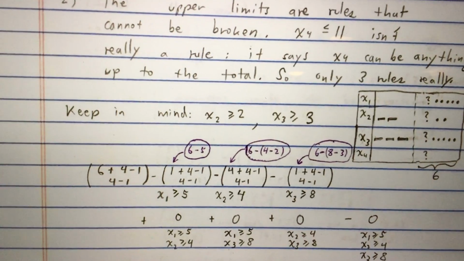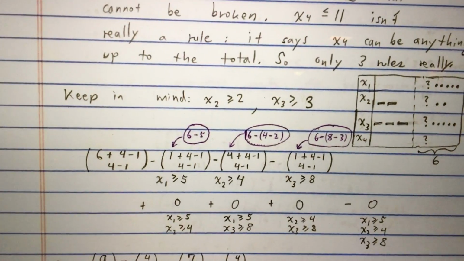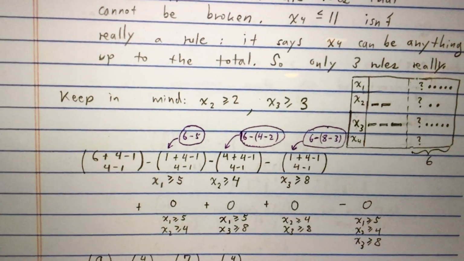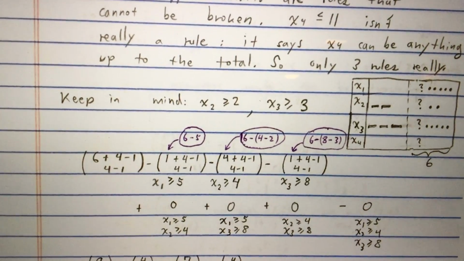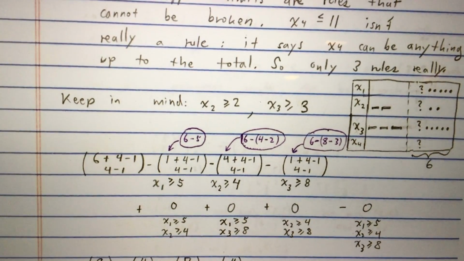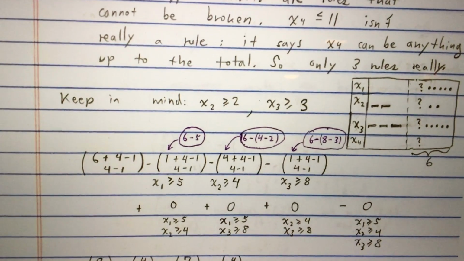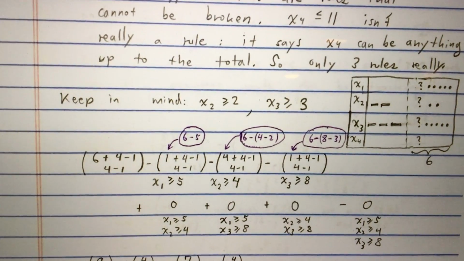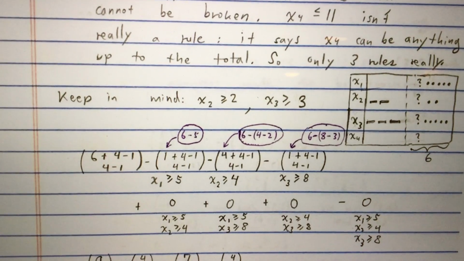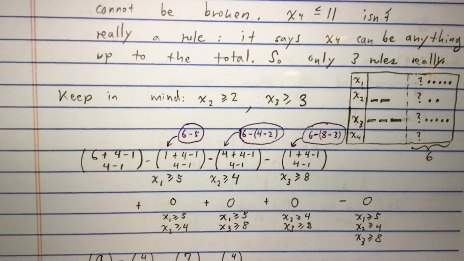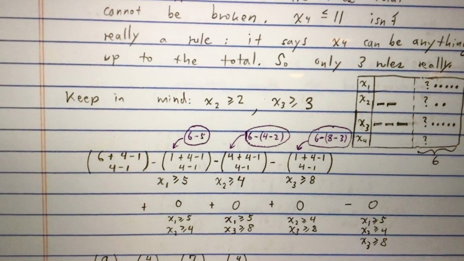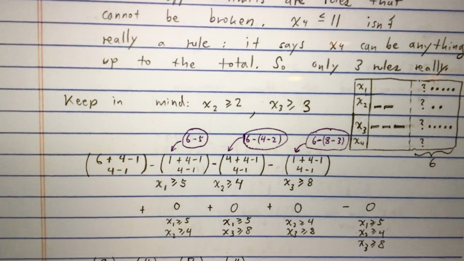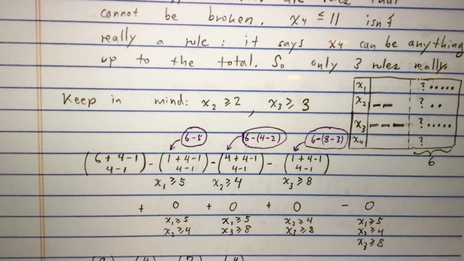Then I think about breaking 2 rules at a time. Now, as you can see already, I'm not going to get anything else, but let me explain why. So breaking two rules at a time would be adding back in the intersections. So the first one would be if I broke the rule that x1 is greater than or equal to 5 and x2 is greater than or equal to 4, then I would add back in the intersection of those.